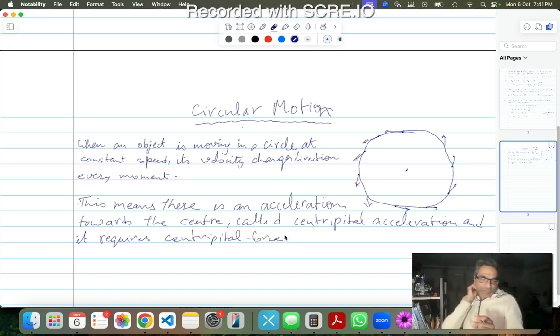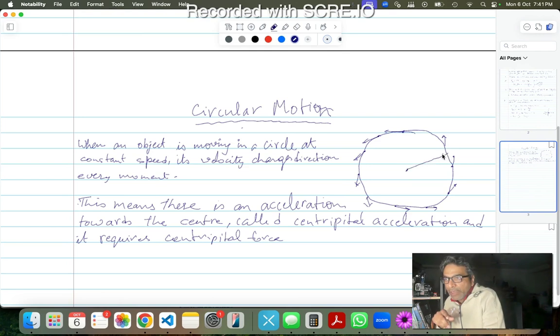Everywhere there is an acceleration, there will be a force. This acceleration is happening in a circular way, moving around and keeping the motion round. The keywords: velocity changes direction.